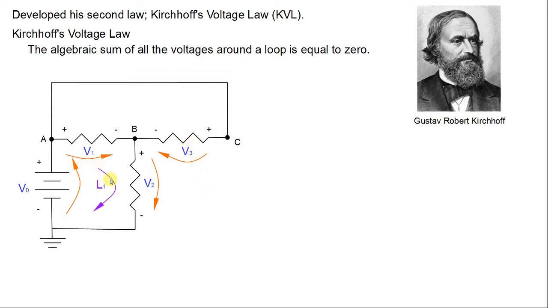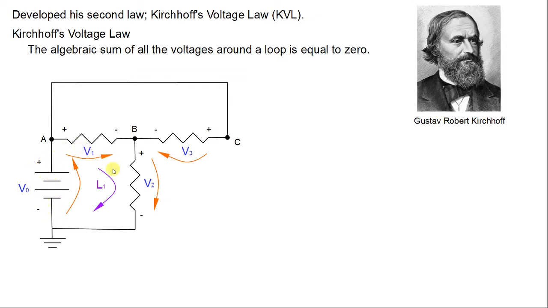Here is my first loop. Okay, my first loop will be V1 and V2 back to my source. So remember, the definition of a loop is going a complete path from one end of my source to the other end. I have to be careful because this could be an alternating current source, so I don't want to say positive and negative.